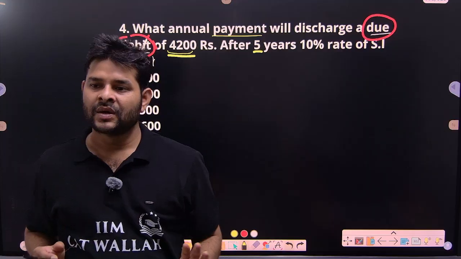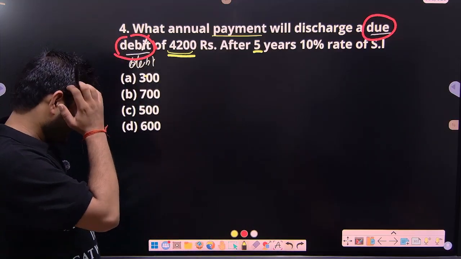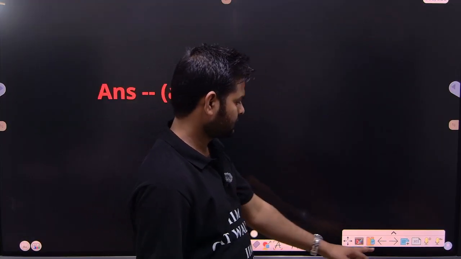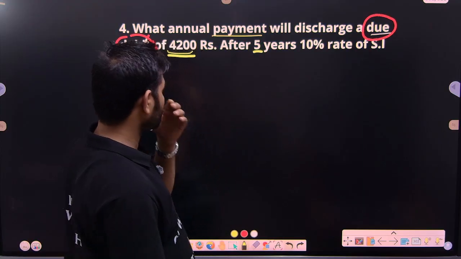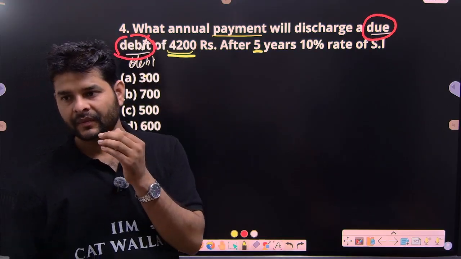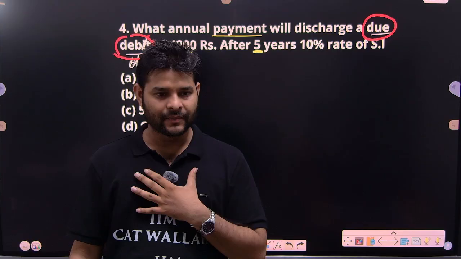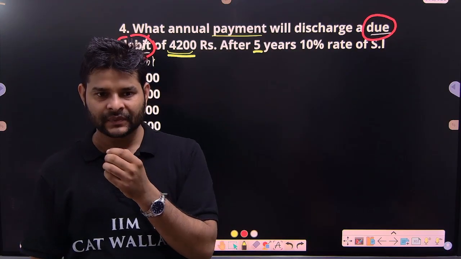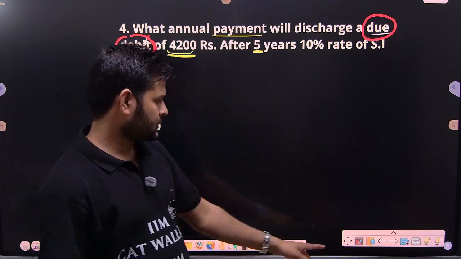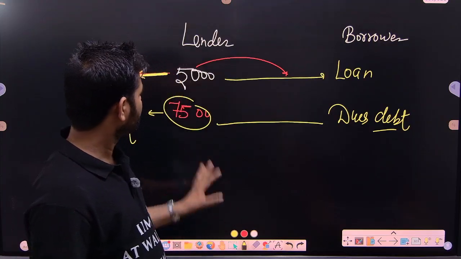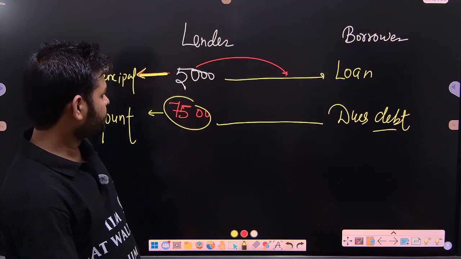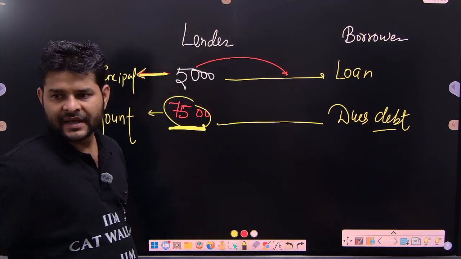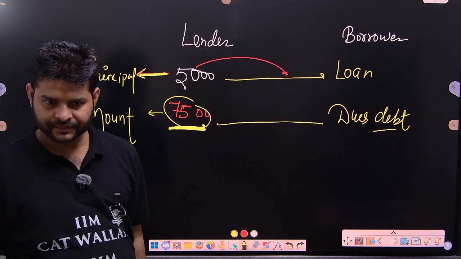Getting or not? So now, I am the borrower, and the calculation has been done. We discussed that value over here. So I am the borrower, and this value is 7500 for me. Got it?